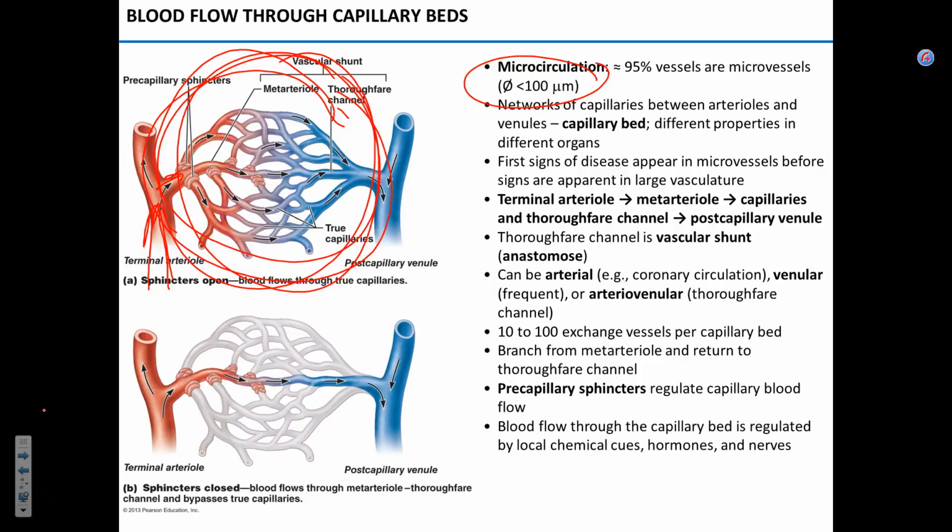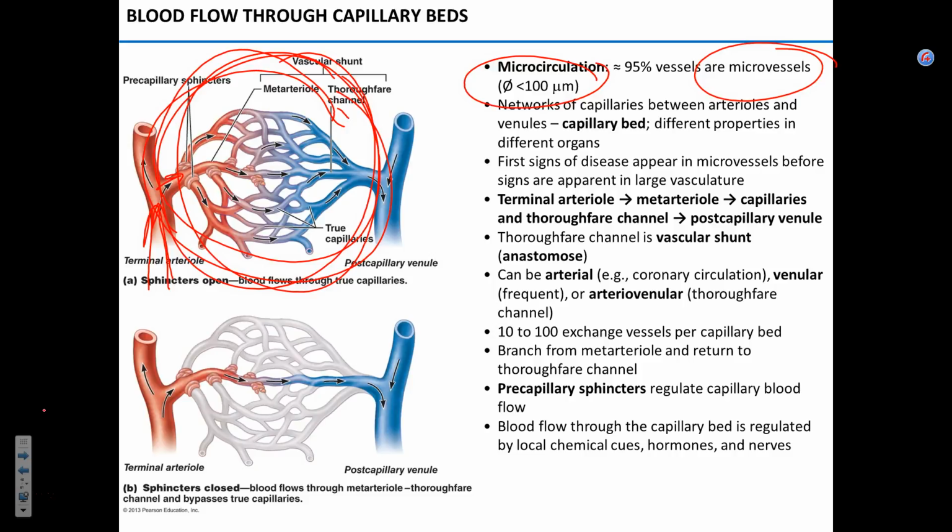It's fascinating. Most of those blood vessels are those really tiny, small microvessels. It's 95% of all vessels, surface-wise. To give you an estimation of a surface, microvessels have an inside surface of a football field.